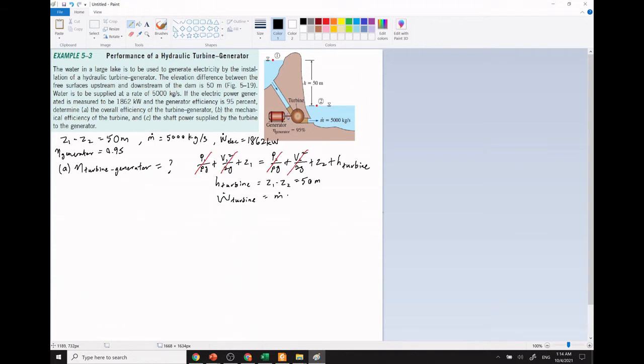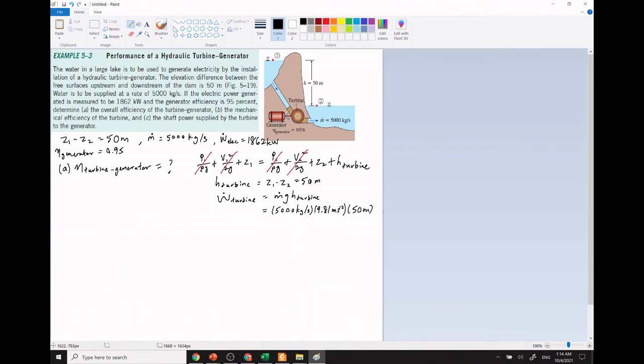Okay, H turbine. We change it to the power of the turbine by simply multiplying the H turbine with the mass flow rate and gravity. So in this case, we have mass flow rate, which is 5,000 kilogram per second, and the gravity is 9.81, and then the H turbine is 50 meter.